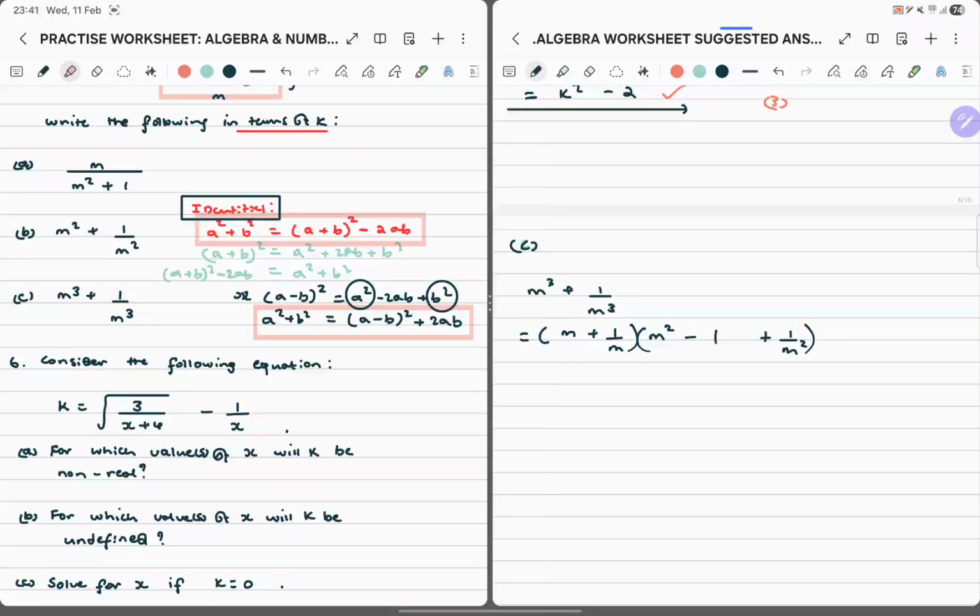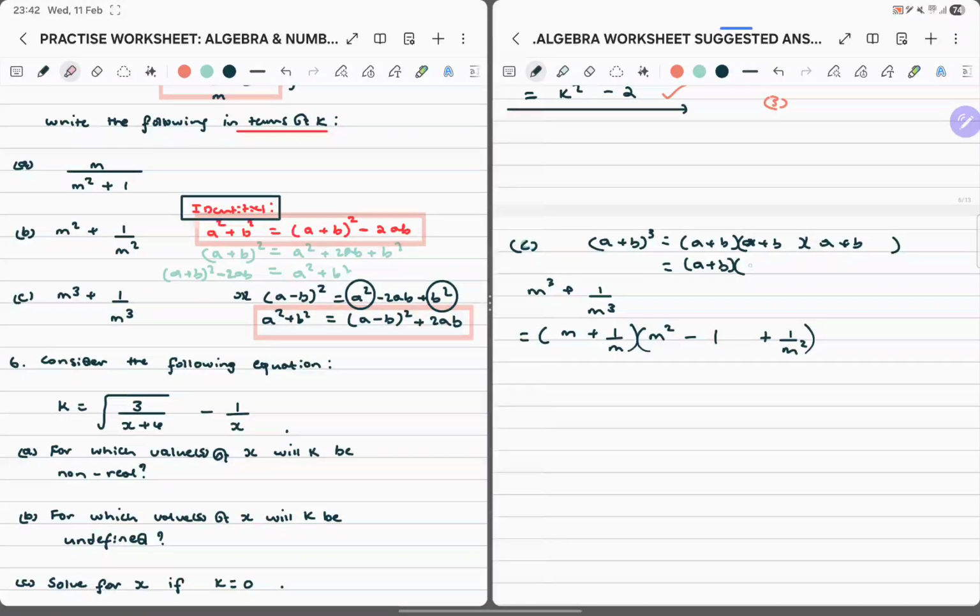Actually now I'm thinking I went too far, because remember, a plus b all cubed is going to be a plus b right into this one and that one. And now when we solve this, we're going to keep this one a plus b.